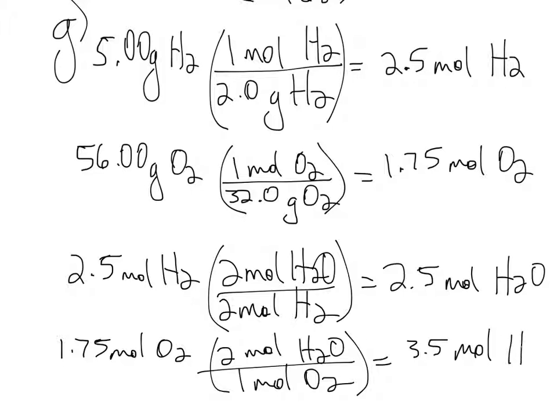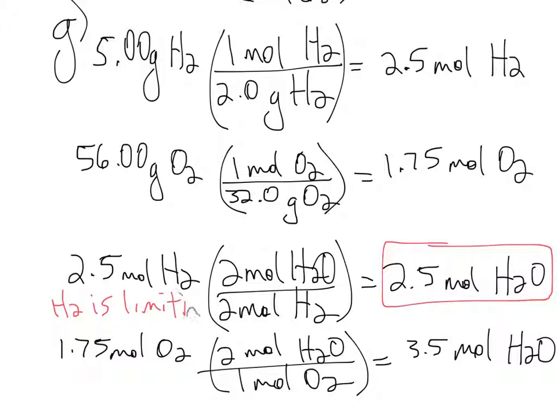And so you produce 3.5 moles of water. Our job is to pick the answer that is the lower of the two. So between 2.5 and 3.5, the correct answer is 2.5, which means in this part G, hydrogen is limiting. You would click that box.